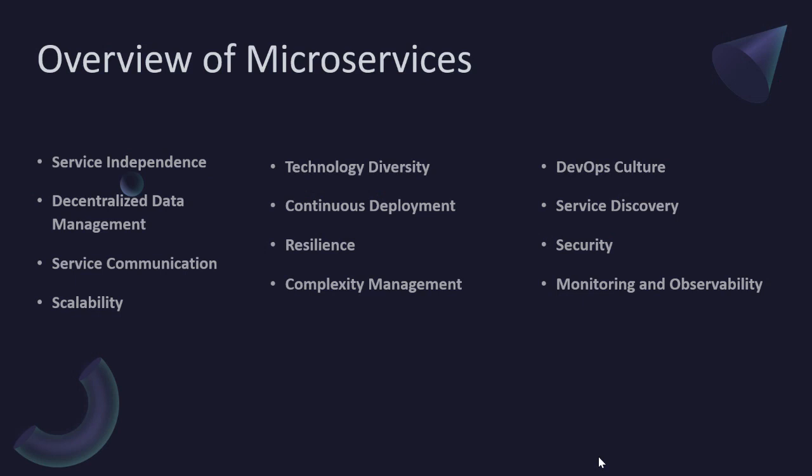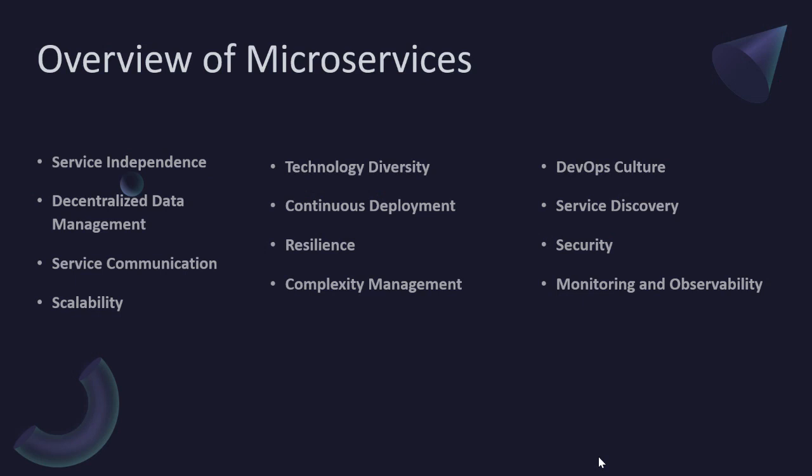Third point is service communication. Microservices communicate with each other through well-defined APIs. Typically we can use lightweight protocols like HTTP or REST, or sometimes we can use messaging systems like RabbitMQ or Kafka. So that's an overview of service communication.